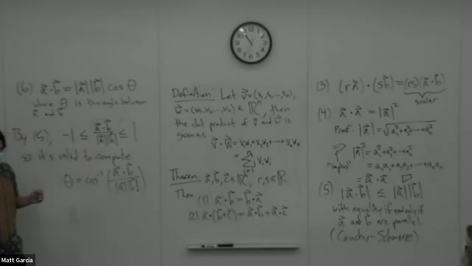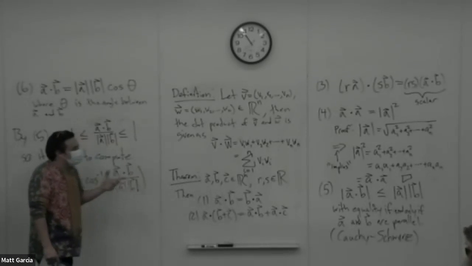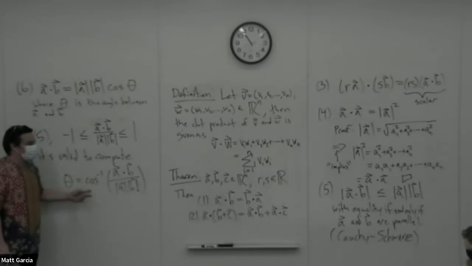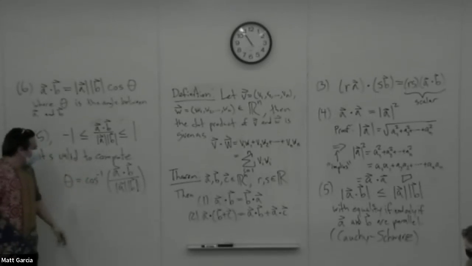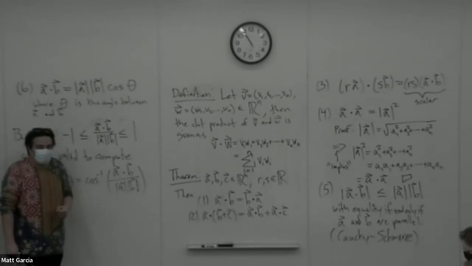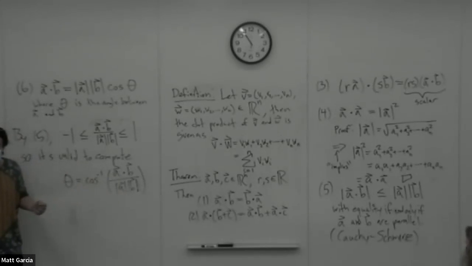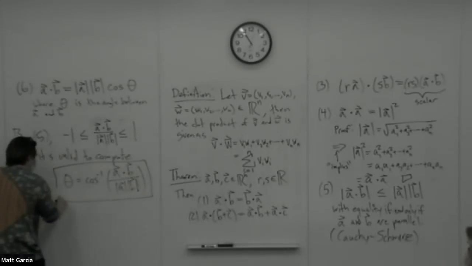If the Cauchy-Schwarz inequality did not necessarily hold, then this would not always be a valid formula. But because of property 5, you can always compute the angle between two vectors by taking the inverse cosine of this quantity. So I would say this is a valuable formula to remember.